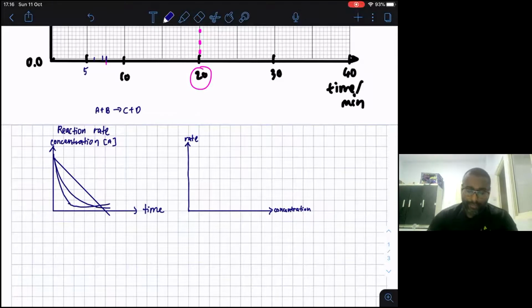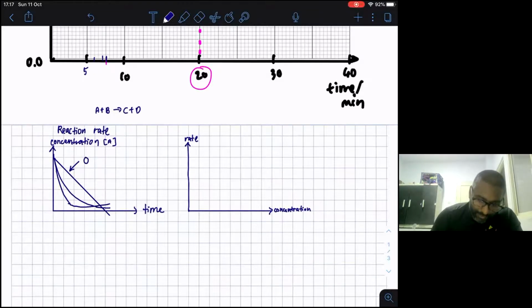So there are three types of graph that you can actually have. Later, when we learn about order of reaction, we will look at this. If it is a straight line decrease, that's going to be a zero order reaction.